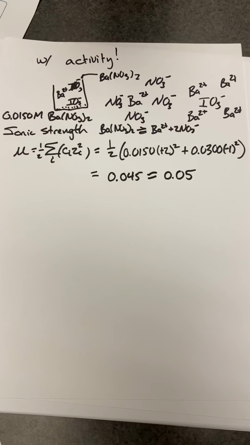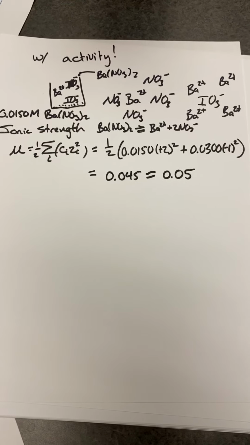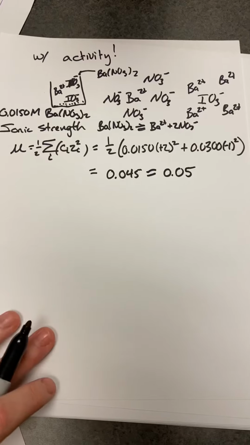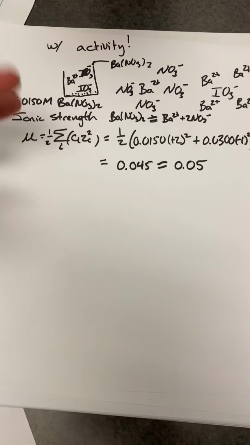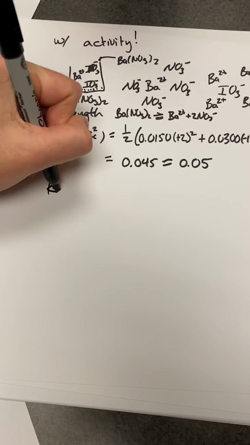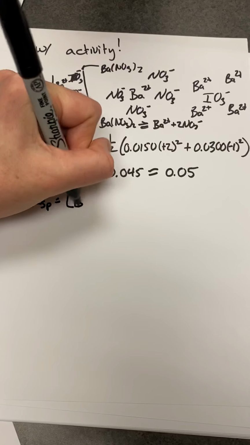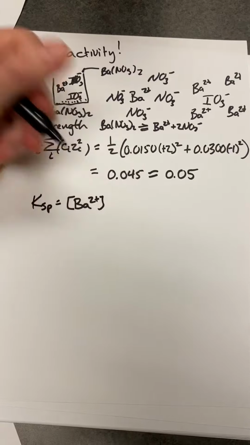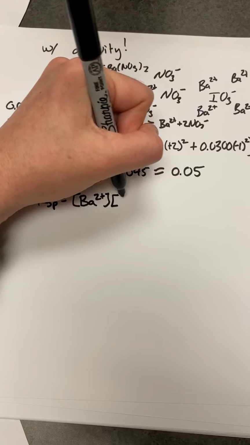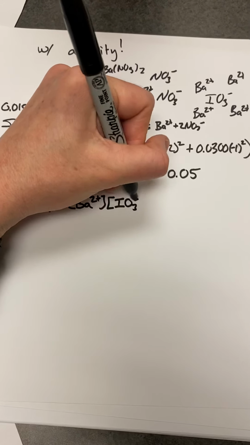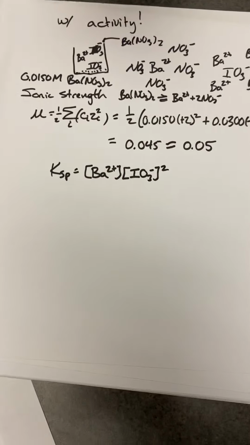That's important because it helps us determine the activity coefficient. And here's where activity coefficient comes into play. In our previous question, we determined that the KSP was equal to the concentration of barium times the concentration of iodate squared.